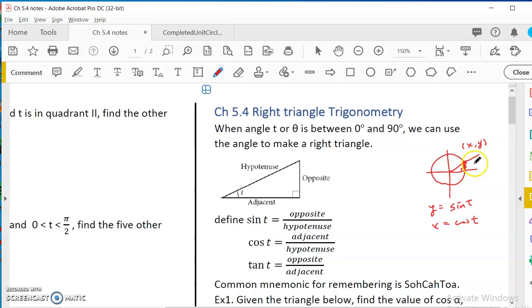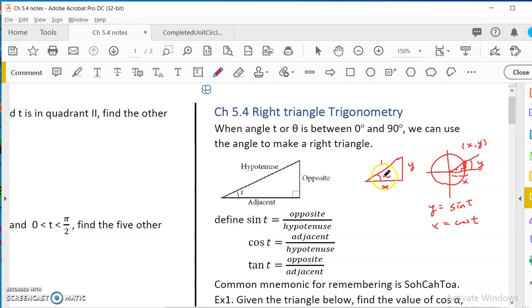You will see that this vertical length is actually y, and the horizontal length is actually x. If you move this triangle out and blow it up a little bit, you can see that this is angle t, or theta if we want, and the sides are y and 1. This is 1 because it's a unit circle, and this is x.